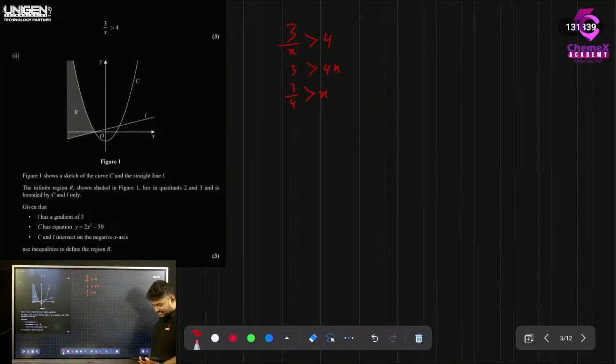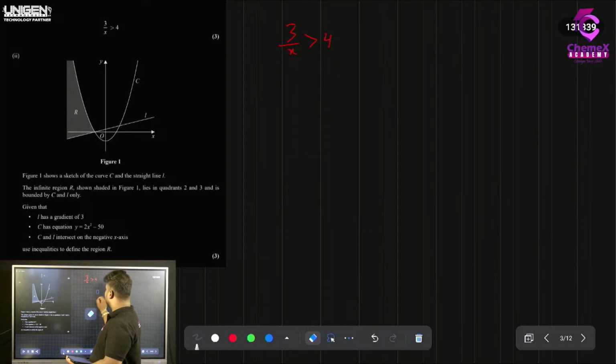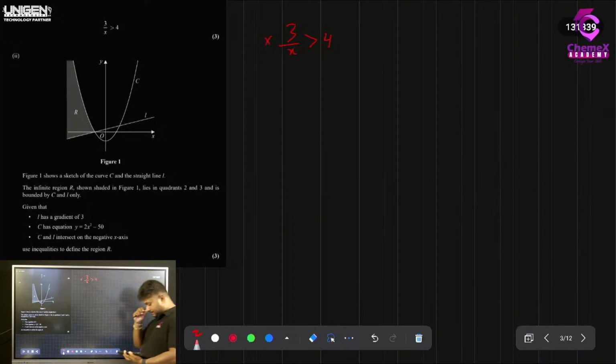Is that the way to solve it? You can multiply this side and this side by what? x.